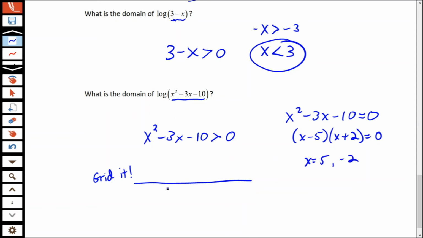And so we are going to plot our zeros on the number line. Now here you're not allowed to be equal to 0, so we're going to use open circles or parentheses if you prefer that graphing with interval notation. And then we're going to test some values. So if I plug 0 into this inequality, I get negative 10.